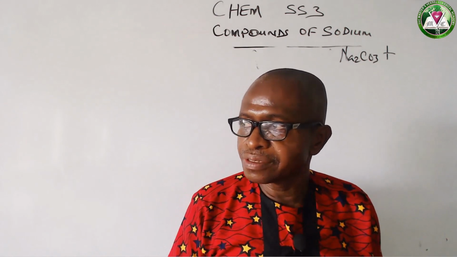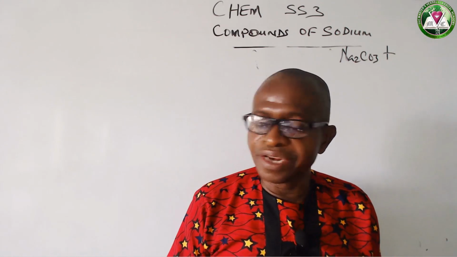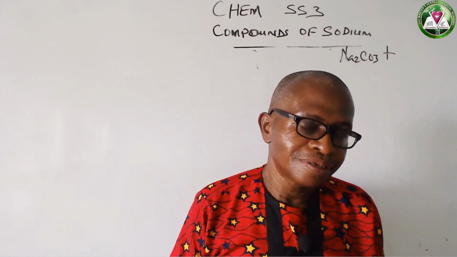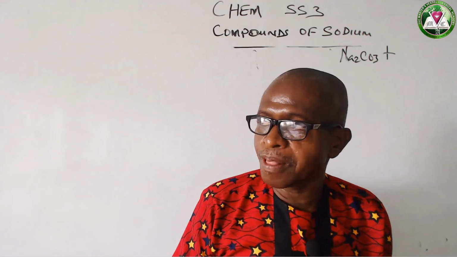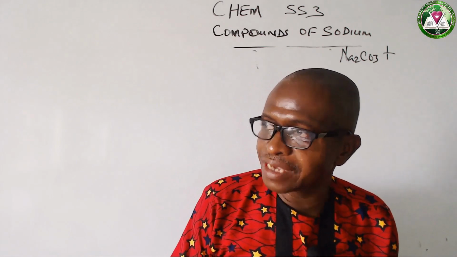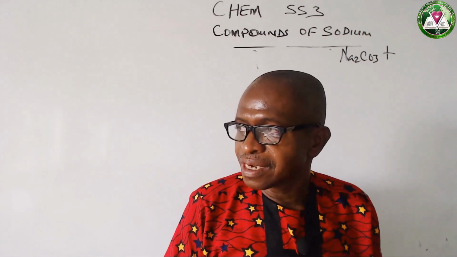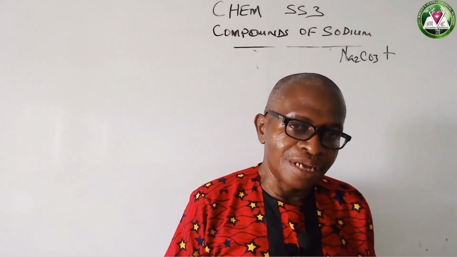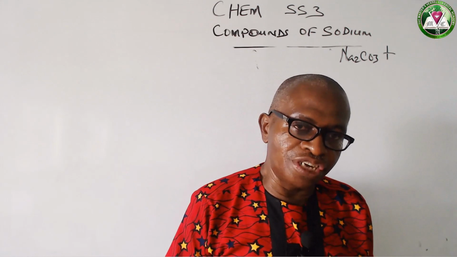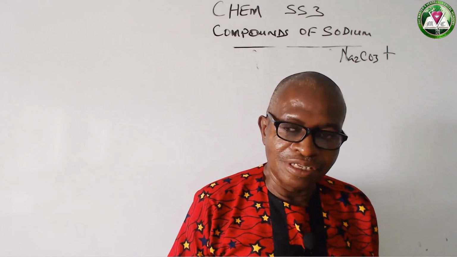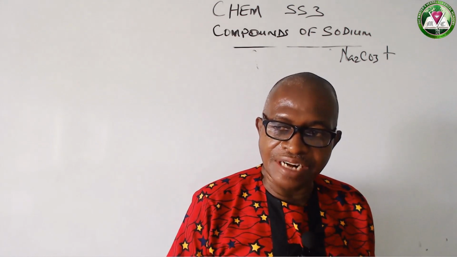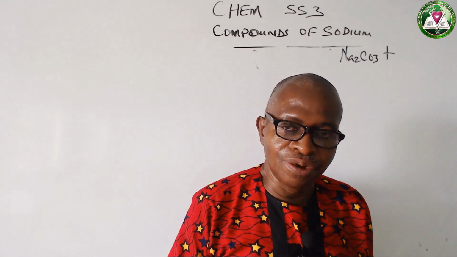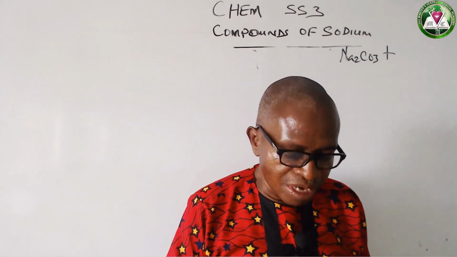Then three, explain the reason why in the Kerner-Solvay process at the cathode, sodium ion was deposited instead of hydrogen ion, in spite of the fact that hydrogen is very much lower in the electrochemical series.